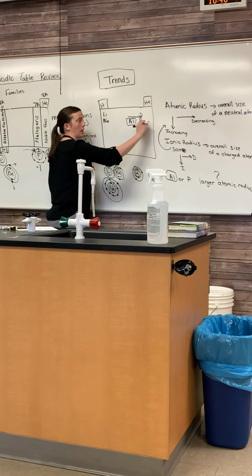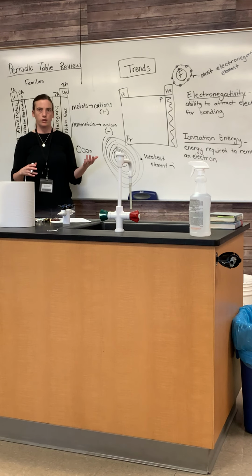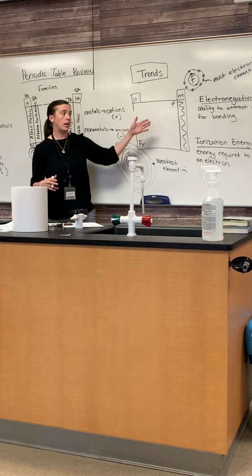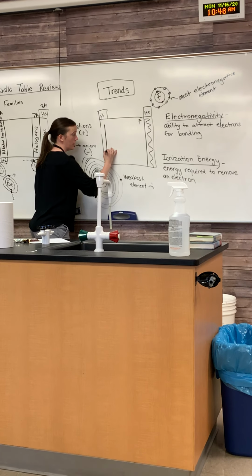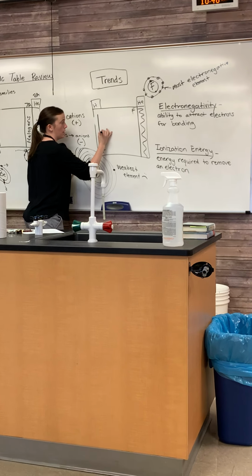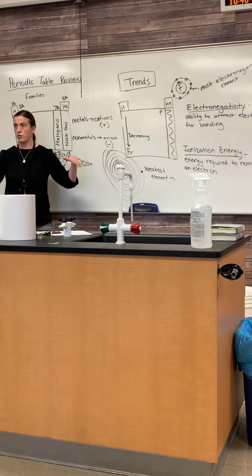So when we're looking at the arrows like we did with the atomic radius and ionic radius, for electronegativity and ionization energy, as we get closer to francium, this is decreasing in energy. It's easier and easier to get rid of electrons the further down we go.